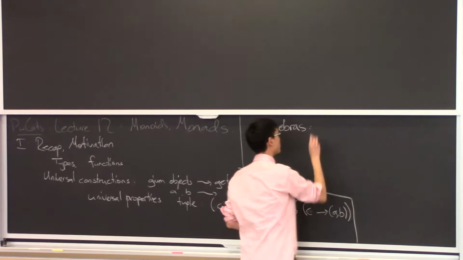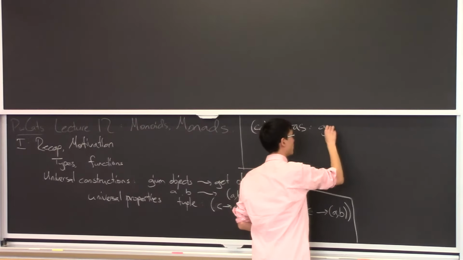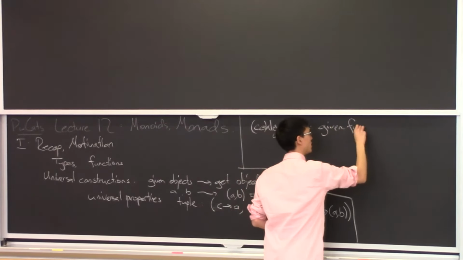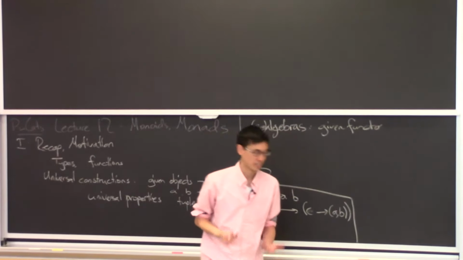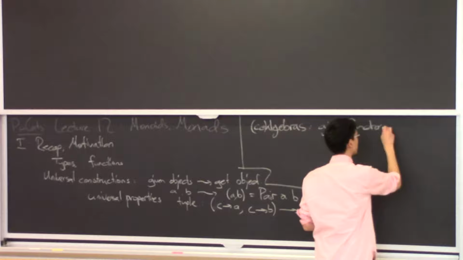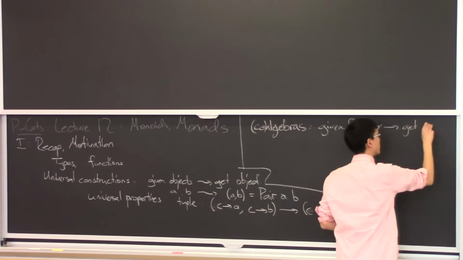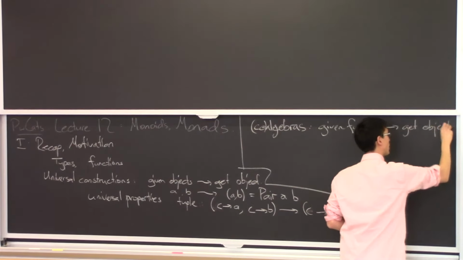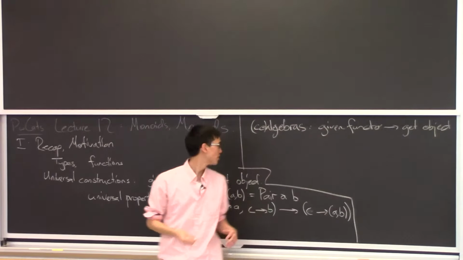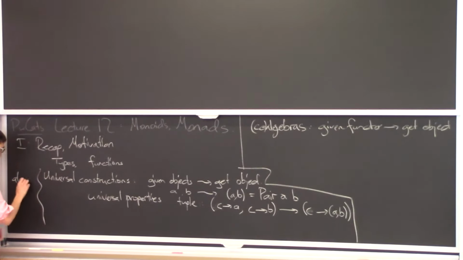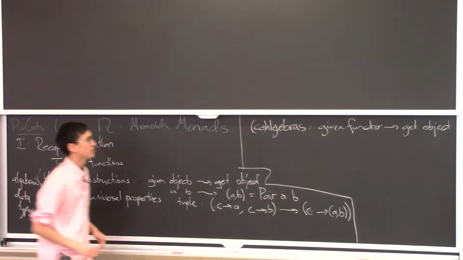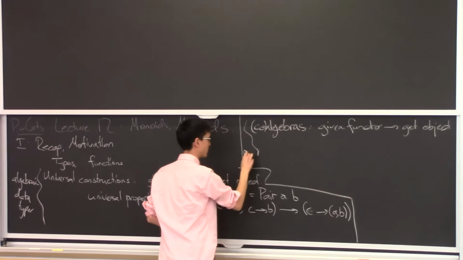But here the process was, given a functor, an endofunctor in our category, or an instance of the type class Functor in Haskell, we get a new type, an object. And so this was a way of constructing what are called algebraic types, or algebraic data types. This was a way of dealing with recursion.